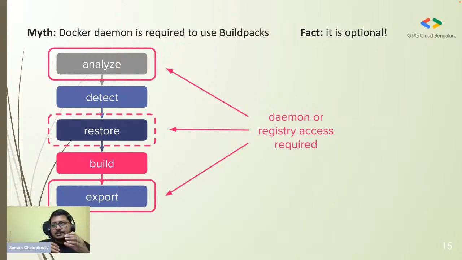But there are certain cases where you need a registry. You can choose whether you want to use a Docker registry, or any third-party registry, such as, for example, Harbor registry, JFrog registry, or Google Cloud registry.